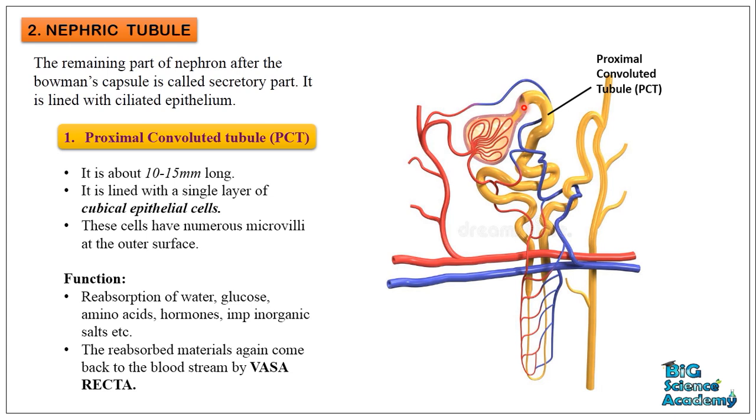These cells have numerous microvilli at the outer surface, and they contain cellular organelles like mitochondria, nucleus, etc. The function of the nephric tubule is reabsorption of water, glucose, amino acids, hormones, important organic salts, etc. The reabsorbed materials come back to the bloodstream by the vasa recta.